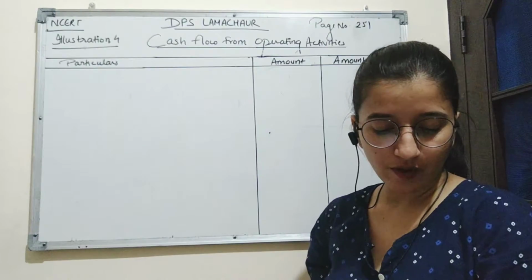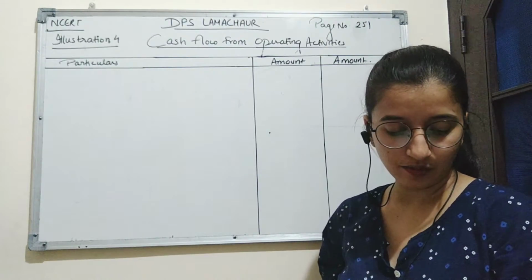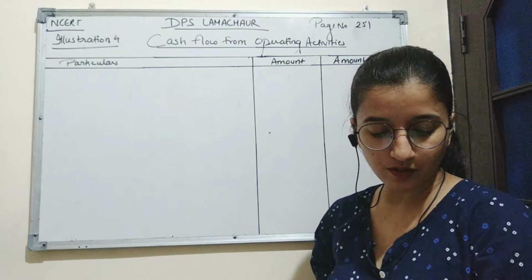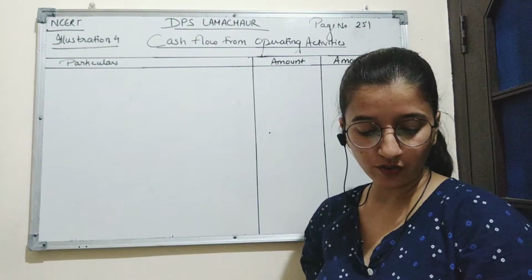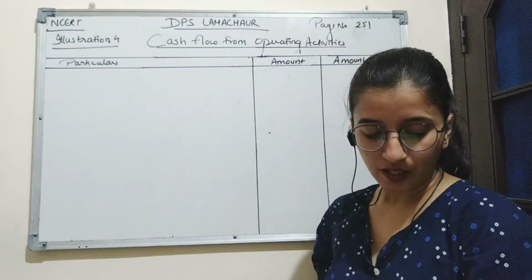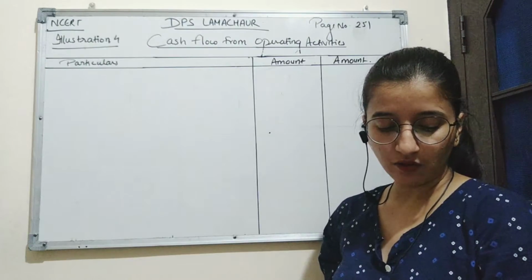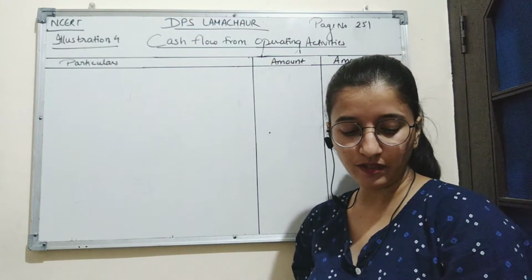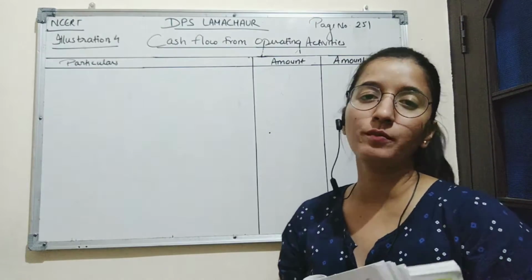Other information available is changes in the value of current assets and current liabilities. Trade receivables showed an increase of rupees 3,000. Trade payables showed an increase of rupees 6,000. Prepaid expenses an increase of 200. And outstanding expenses a decrease of rupees 2,000. Ascertain cash flow from operating activities.